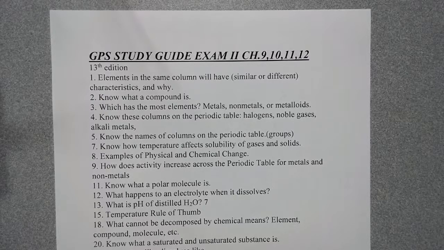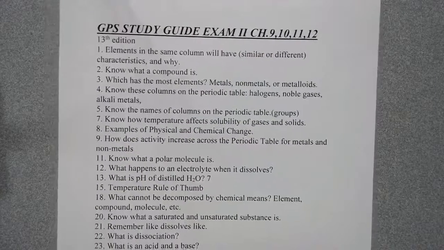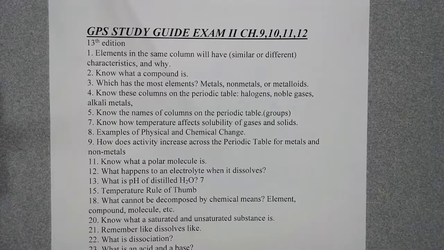He didn't talk a whole lot about that when we were going over the study guide, so I don't feel like that's going to be a major part of the test. But basically just about noble gases and metals and non-metals, what you need to know about that stuff.